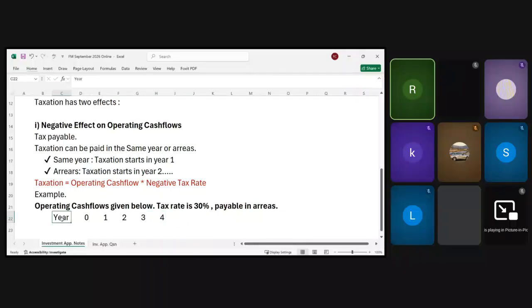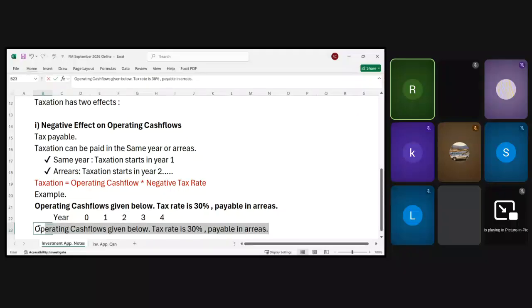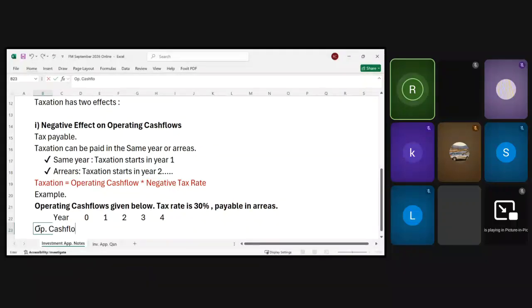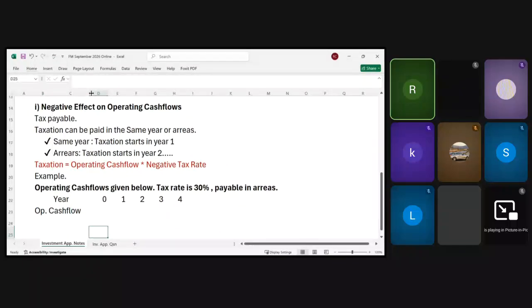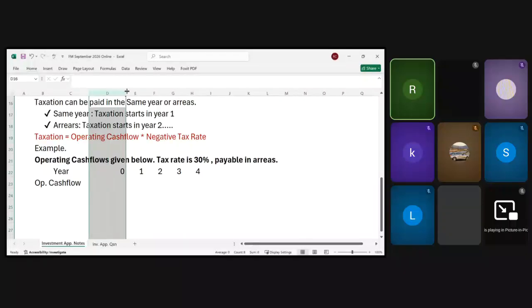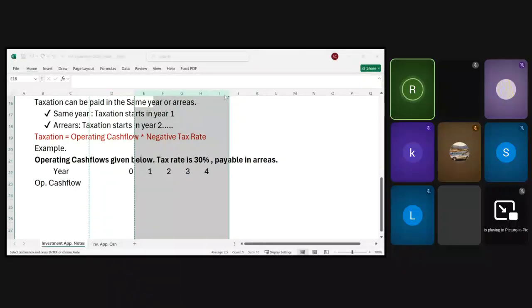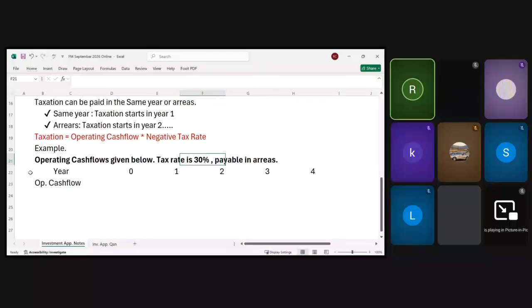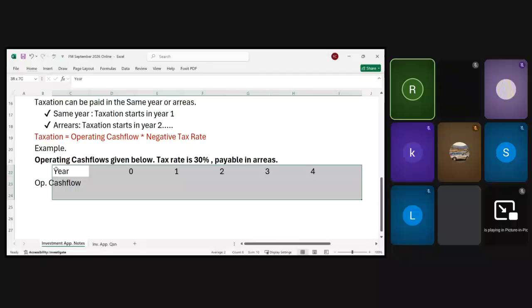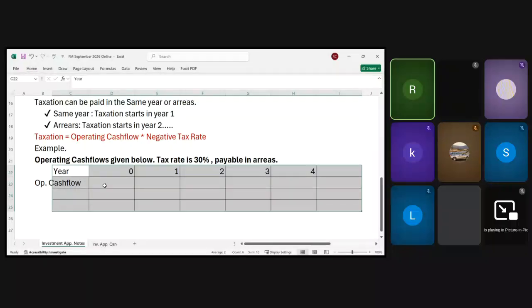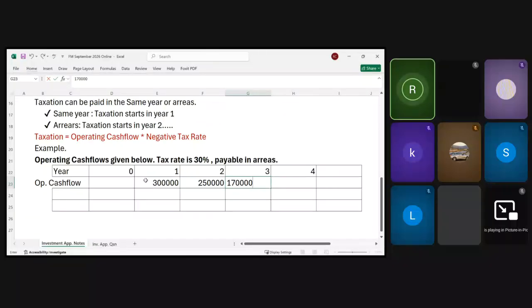Our operating cash flows, assuming we have 300,000, 250,000, 170,000, and in year 4 we have 284,000.